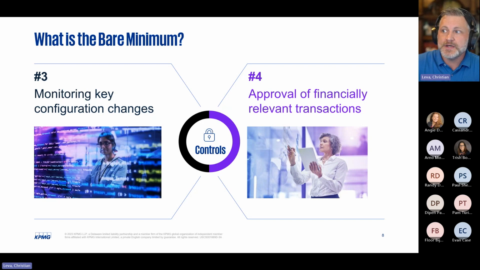Okay, then the other one is around the approval of financially relevant transactions. Now, it may seem pretty obvious, but you gotta make sure that there is a review and approval process for relevant transactions. Relevant will mean something different to you than it will to the person on your right or left, right?